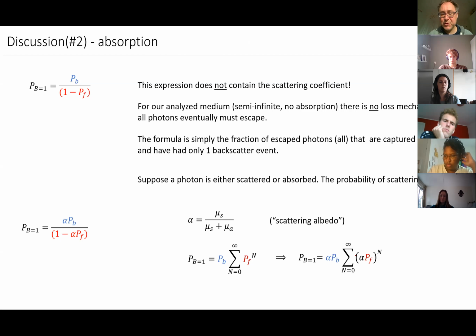But once we include the possibility of absorption, then both the absorption coefficient and the scattering coefficient appear in the formula through this albedo. So this is of course a more realistic form of the model, and that also means that the average depth at which we measure is scaled a little bit down. So if you have more absorption, you look a little less deep.